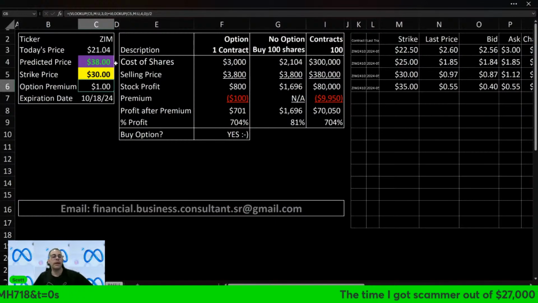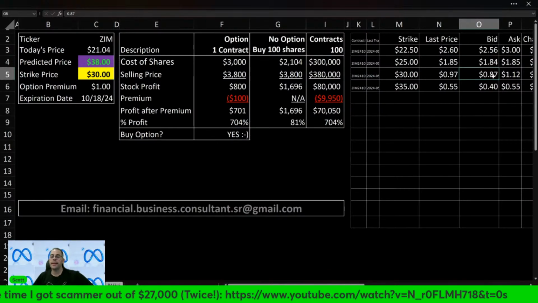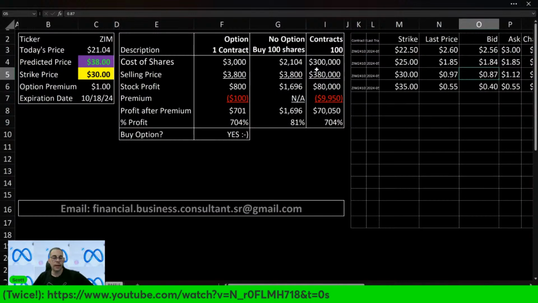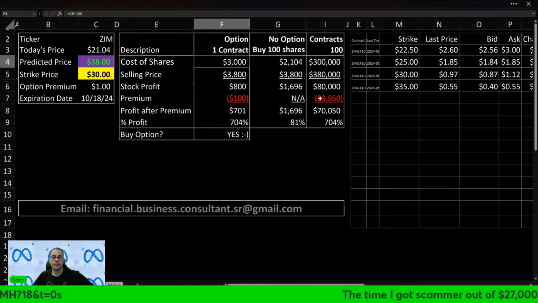Okay, so if we do the $30 strike price, we have to pay $1 premium, because you see that the bid is 87 cents, the ask is 112, so the average of those two is $1. So it only costs us $100 for one contract.